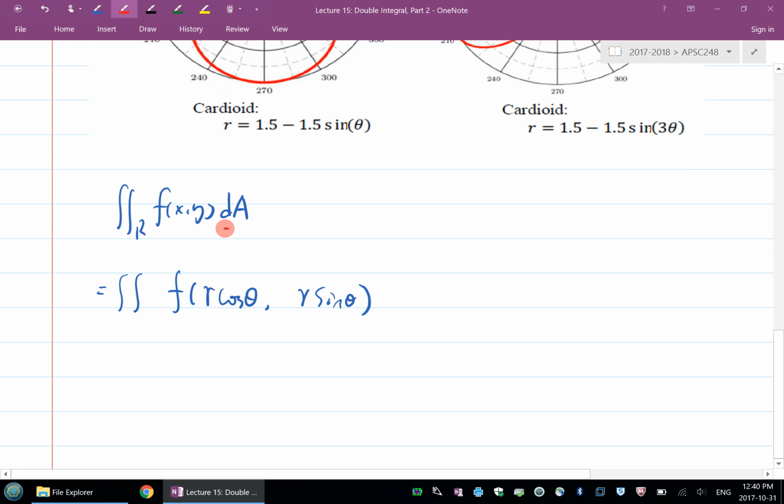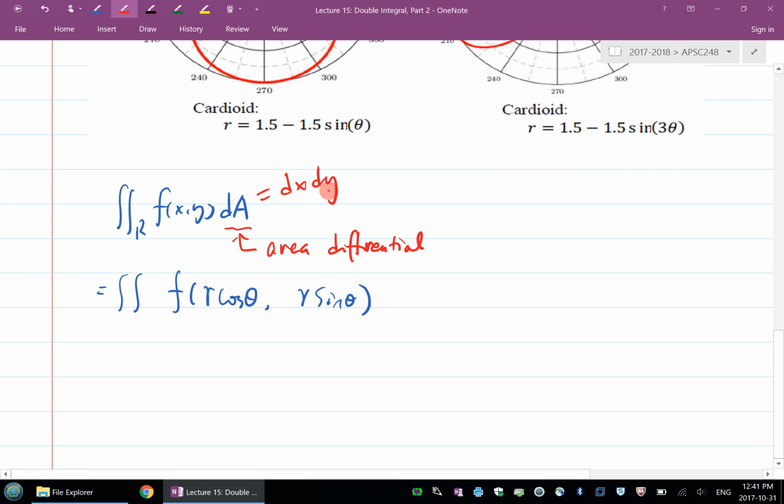This dA is an area differential, a very small, infinitesimal area. In Cartesian coordinates, this can be equal to dx dy or dy dx, right? So it's the quantity small change in the x direction times the quantity small change in the y direction. You get a small rectangular area, dx times dy, right?